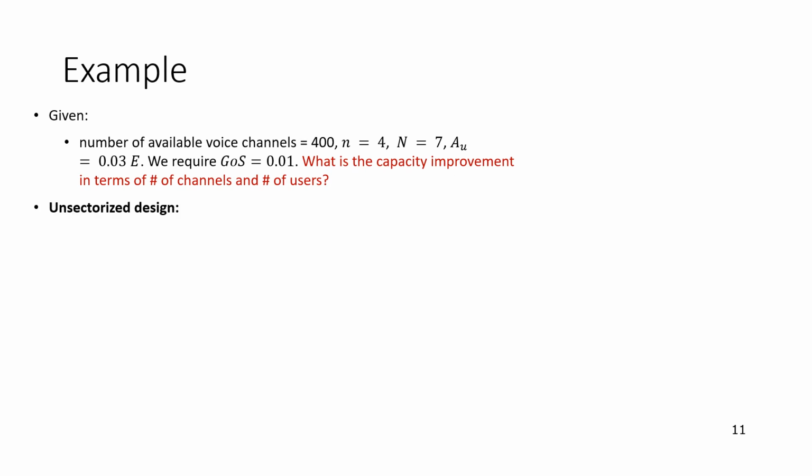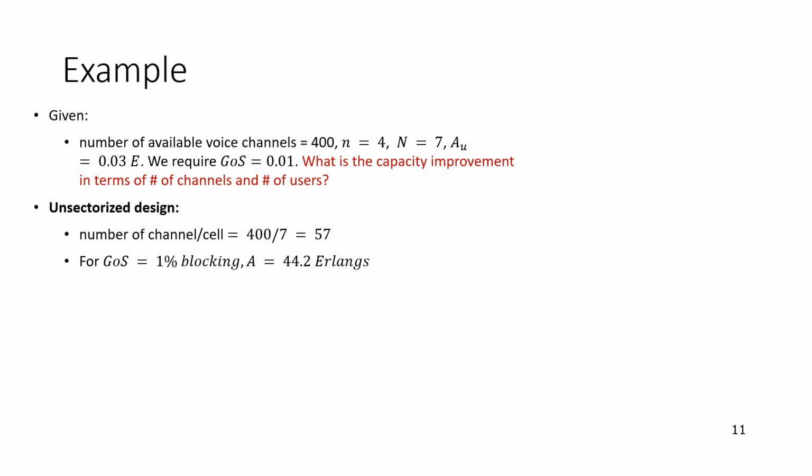Now, when we do the unsectored design, for the number of channels per cell, we have 400 divided by 7. Don't worry about the control now. So we have 57 channels per cell.